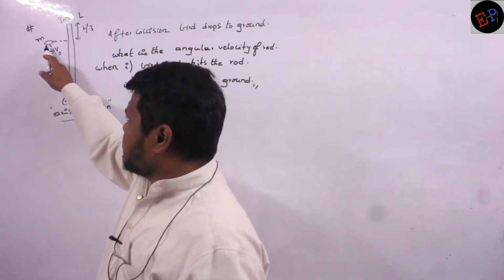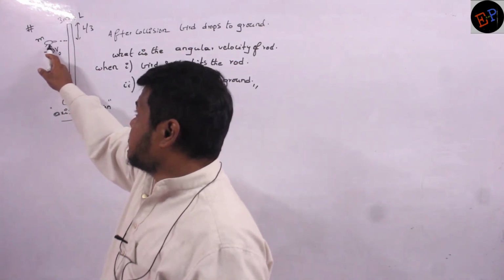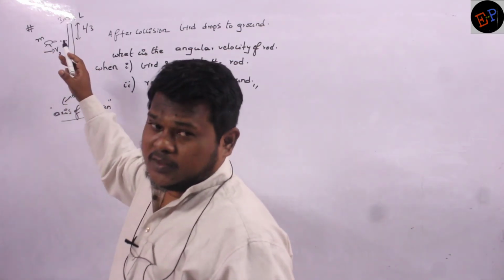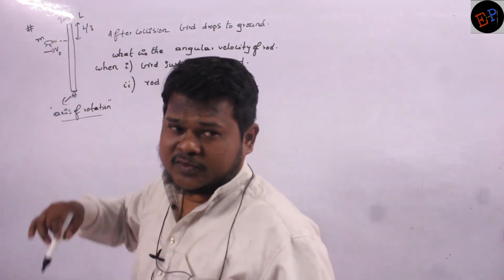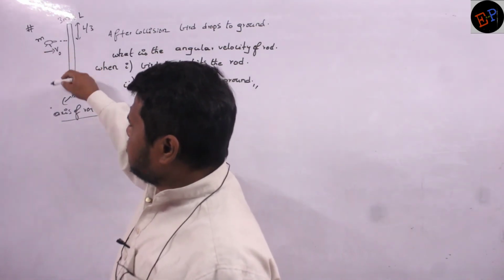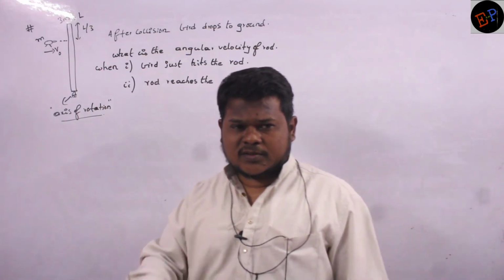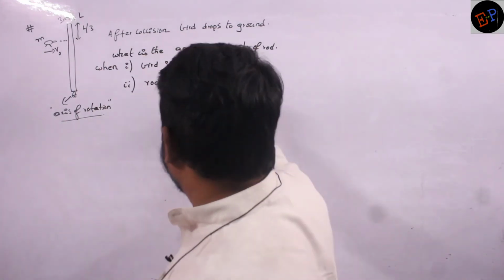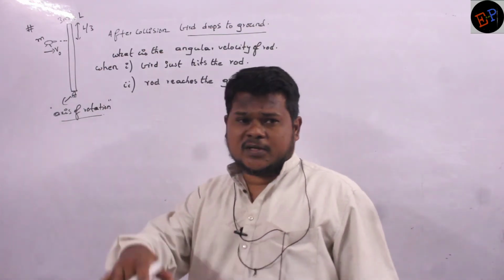A bird of mass m moving with a velocity of v0 is coming and striking this rod at a distance of L by 3 from the top of the rod. Then after striking, the velocity of the bird has become 0. That is why it is falling to the ground. That is the data which is given. After collision, the bird drops to the ground.